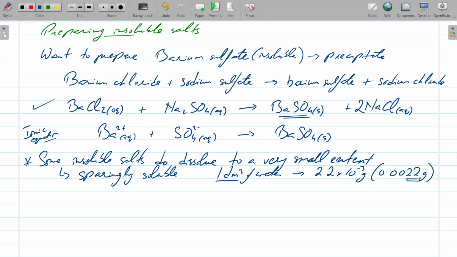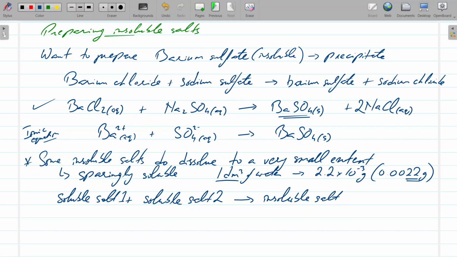Now, as a summary of what just happened, we can take a generalized look at this kind of method of preparation by writing it this way. You've got soluble salt 1 plus soluble salt 2 will give you insoluble salt plus soluble salt 3.